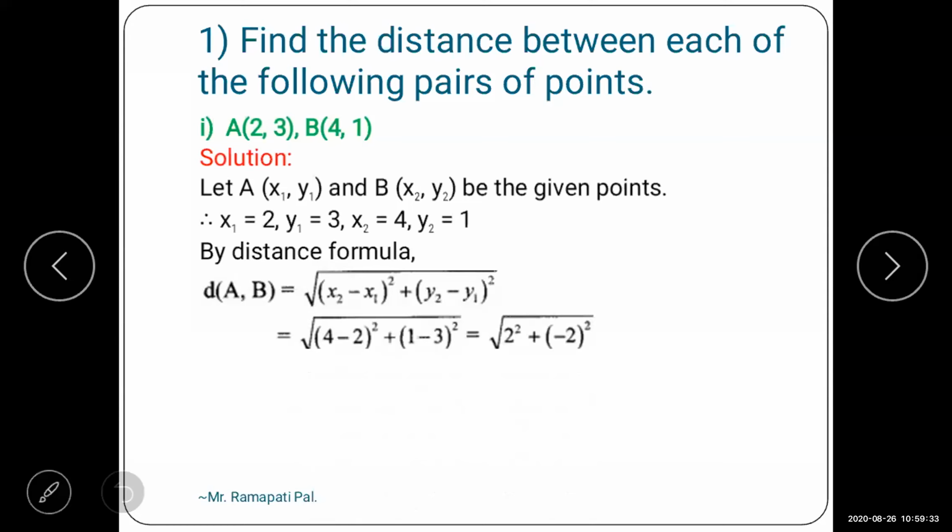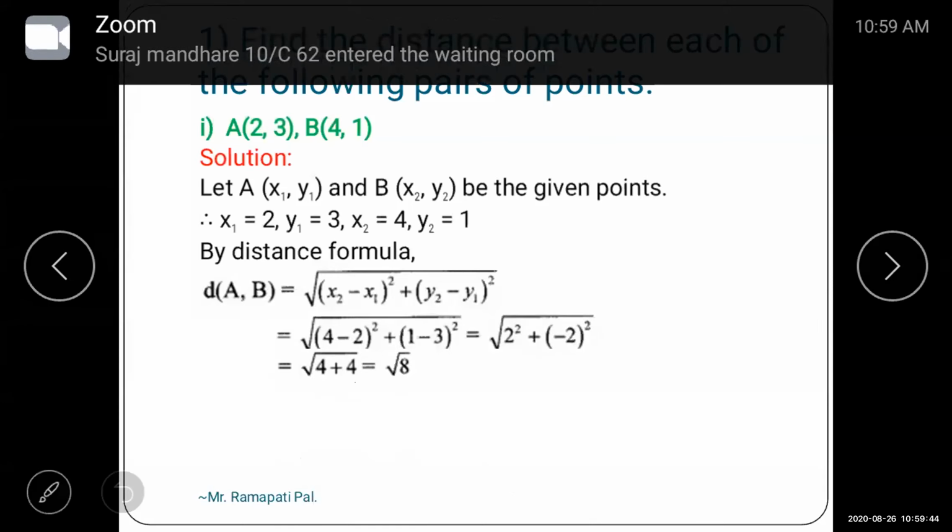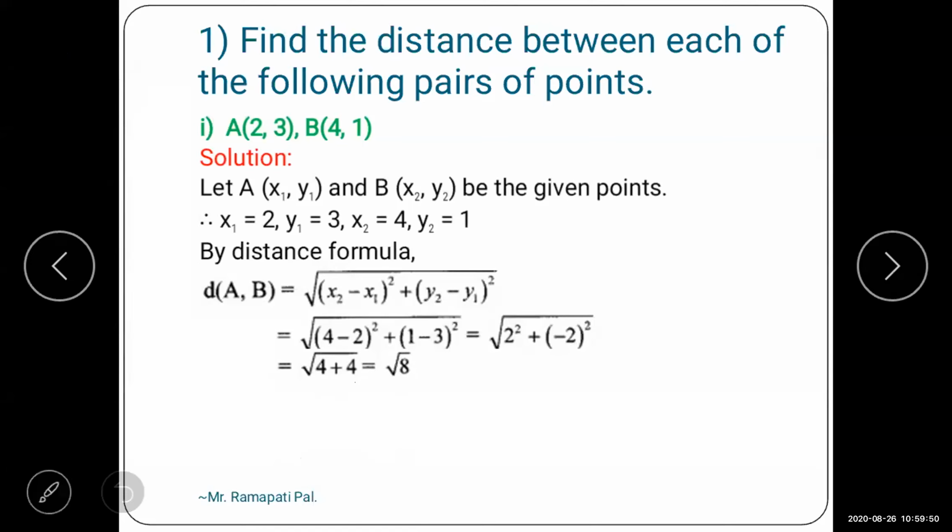So 4 minus 2 is 2 square. 1 minus 3 is minus 2 whole square. So 2 square plus minus 2 square. So it becomes under root 4 plus 4. 4 plus 4 is 8. Then find out the factors of 8.